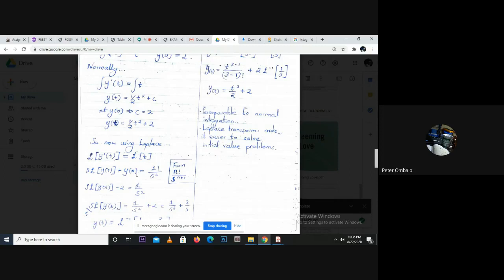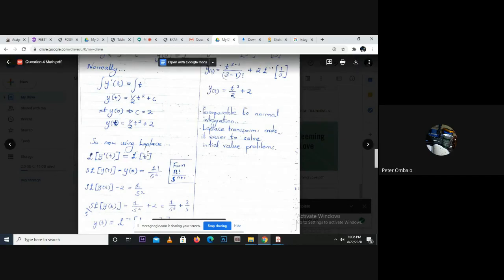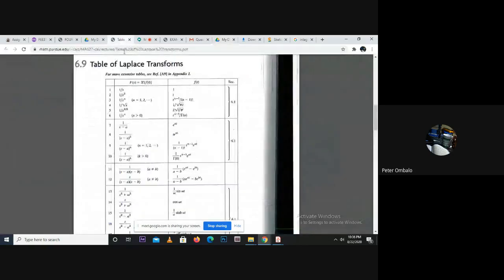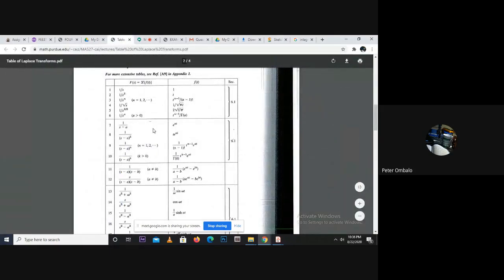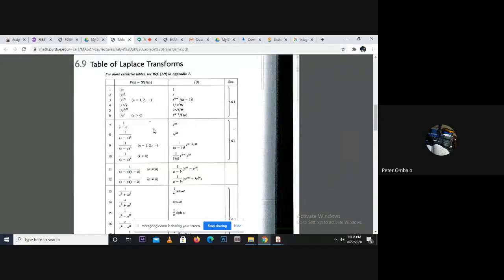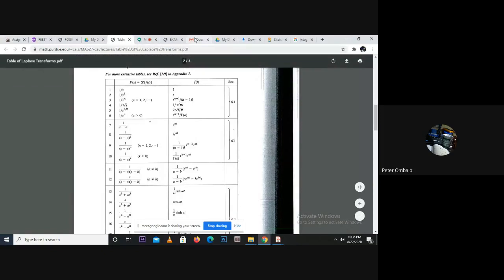Now for the Laplace transform of the right side, the Laplace transform of t, we can get this from the table of Laplace transforms. So this is t to the 1, right? So if we look at the table of Laplace transforms, let's see. Just a moment.